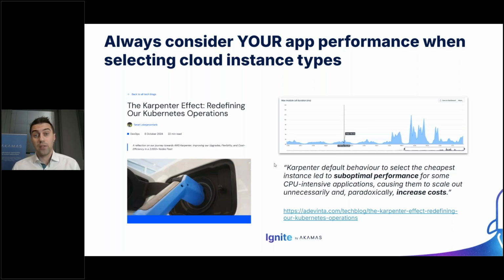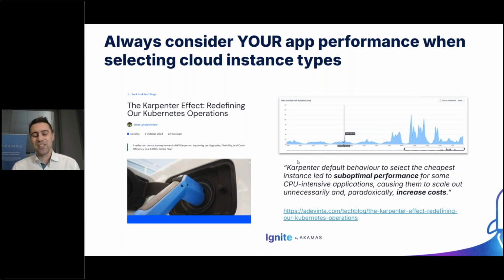But the problem is that if it selects an instance which is maybe too small or uses a wrong CPU, for example, you may face a situation where your cluster has suboptimal performance. And this kind of suboptimal performance may lead to a paradoxical increase in the cost of your clusters.